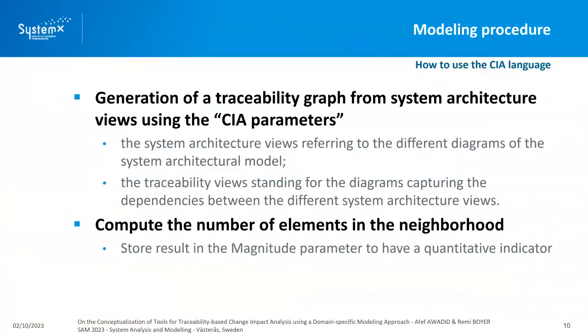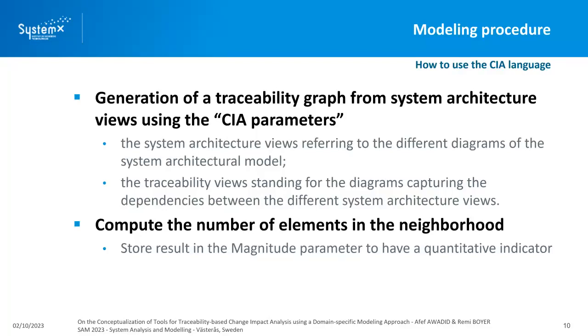And with these concepts, we want to construct new views in a modeling procedure. So now we use the CIA language in a process. So we generate a traceability graph. So at this stage, it's a dependency graph between the system architecture and a traceability view. So in the current implementation, we only compute the number of elements in a neighborhood using the magnitude parameter.